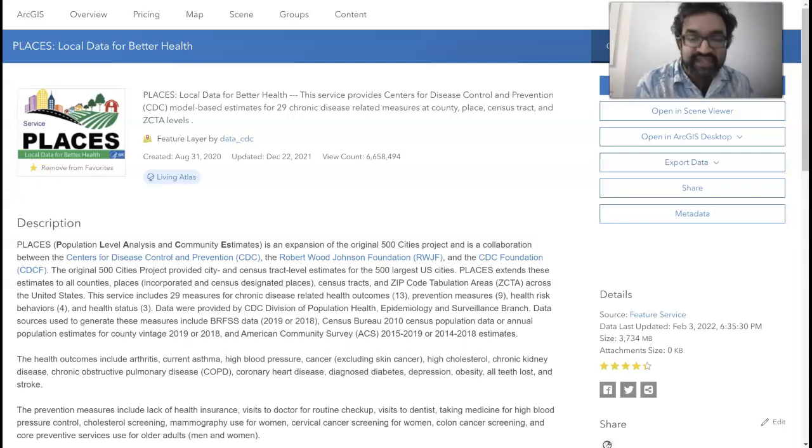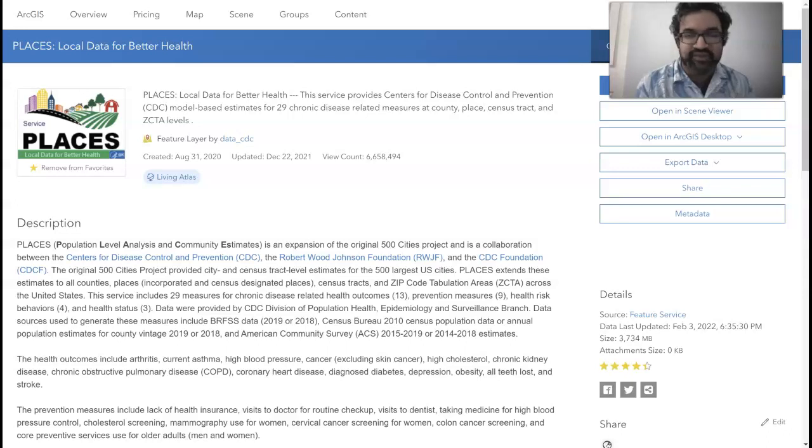What is additionally unique about this dataset is that it provides place-based measurements that go beyond the county level. So this is looking at incorporated and census designated places, census tracts, and then ZIP code tabulation areas, or ZCTAs, across the United States.